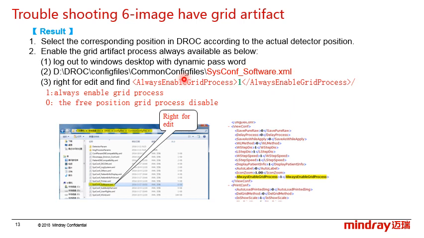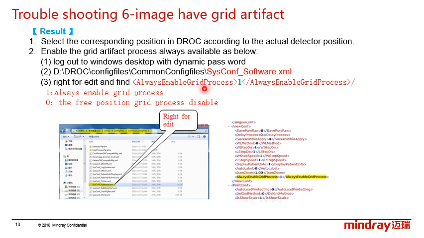So how to solve this problem? First, we can select the corresponding position in the DROC according to the actual detector position, or we can enable the grid artifact process to be always available as below.